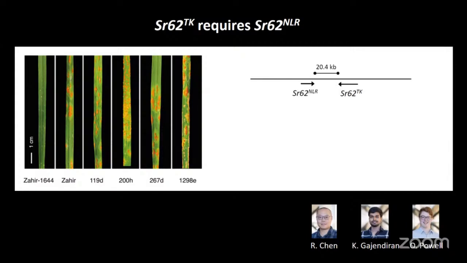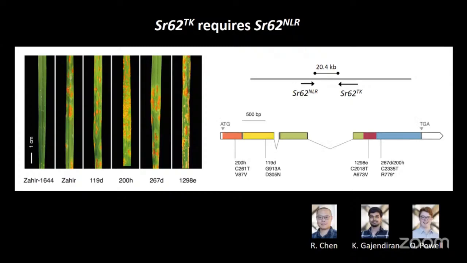So the tandem kinase and this NLR occur physically close together in the genome as a digenic module. And these 4 mutants, we could indeed show that they were all in this NLR, providing very good evidence that this is the gene that is required for the function of the kinase.